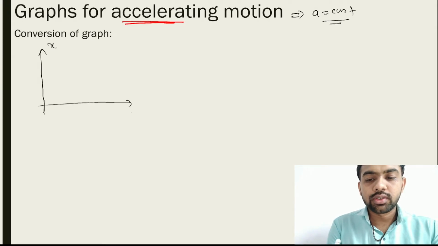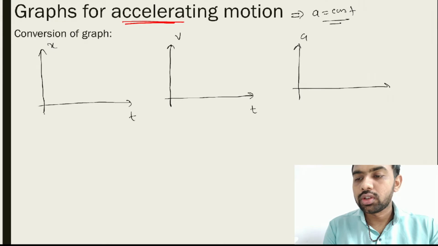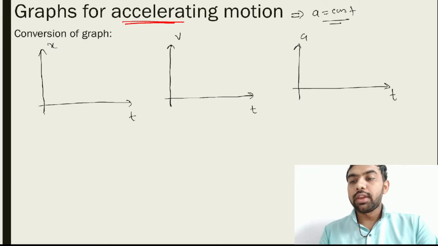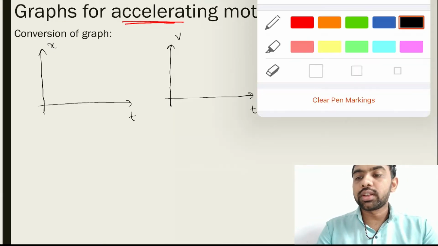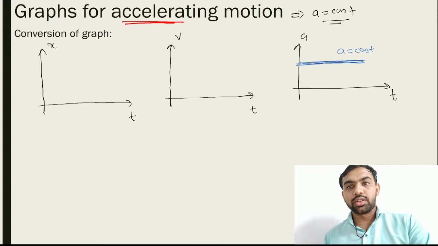x versus t, v versus t, a versus t. If a is equal to constant, then we draw the graph in such a way. Suppose a is equal to constant.